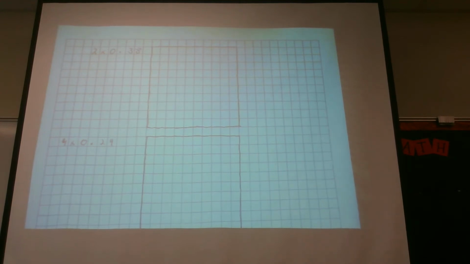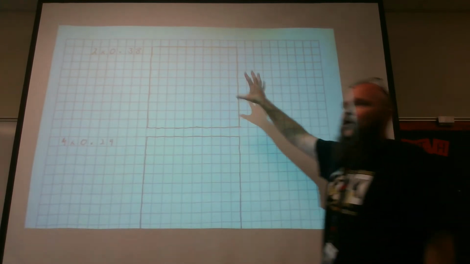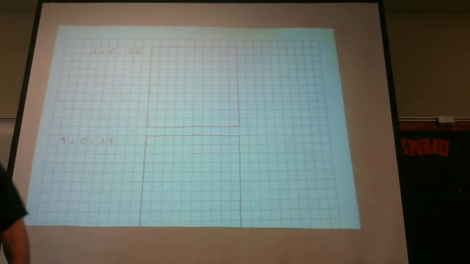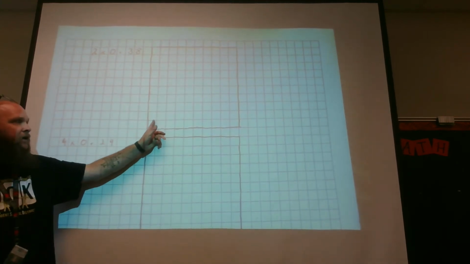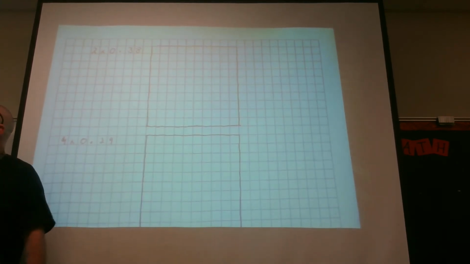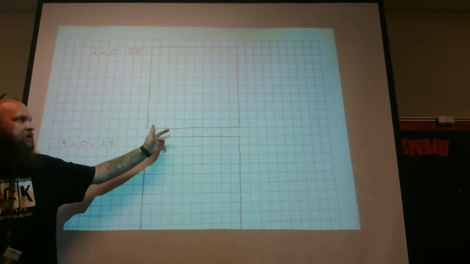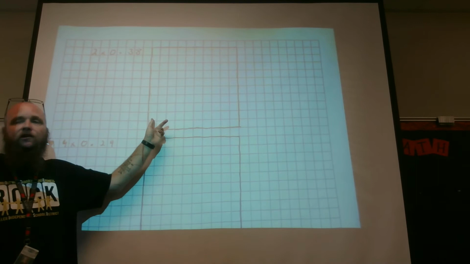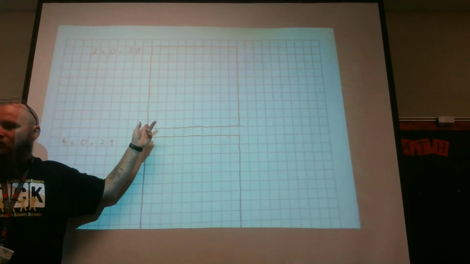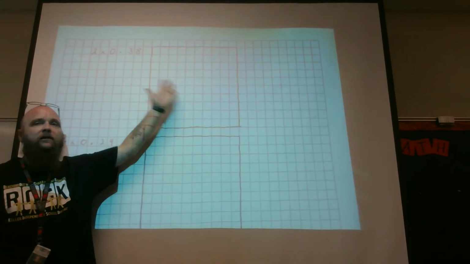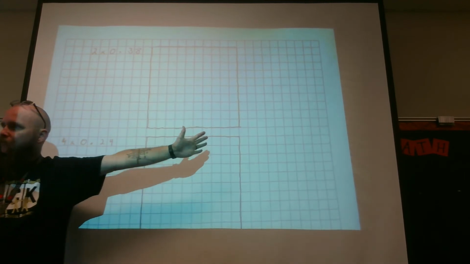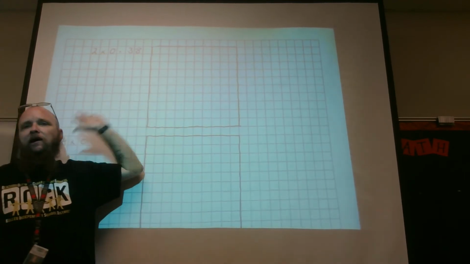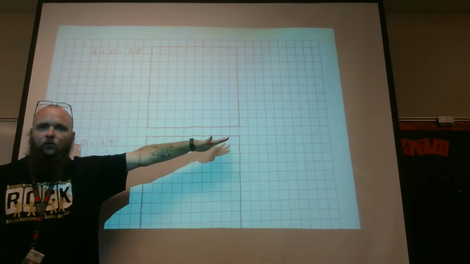If you didn't draw your one whole, where each of these individual little squares is worth 1/100th, so if you didn't draw it to begin with like this, then you have some errors in there to begin with.